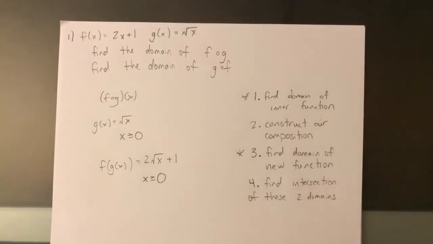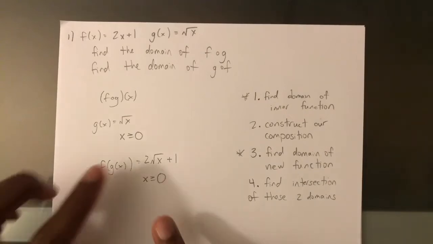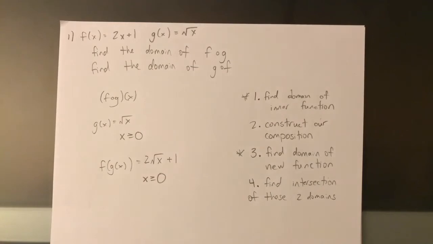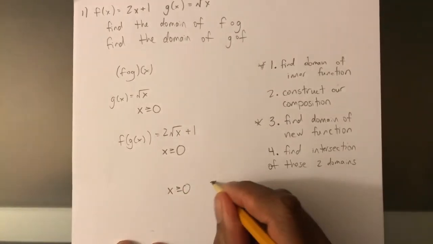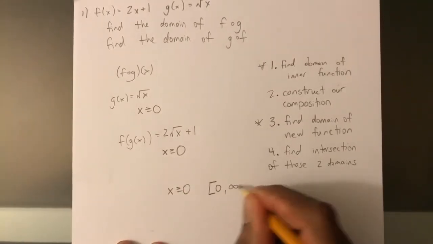Intersection meaning, where do they overlap each other? If you graph them both on the same number line, where would they both be at the same time? That's your answer. A problem like this makes it very easy to find the intersection because they're already the exact same thing. So the intersection would just be x greater than or equal to 0, which in interval notation gives you a final answer of 0 to infinity.